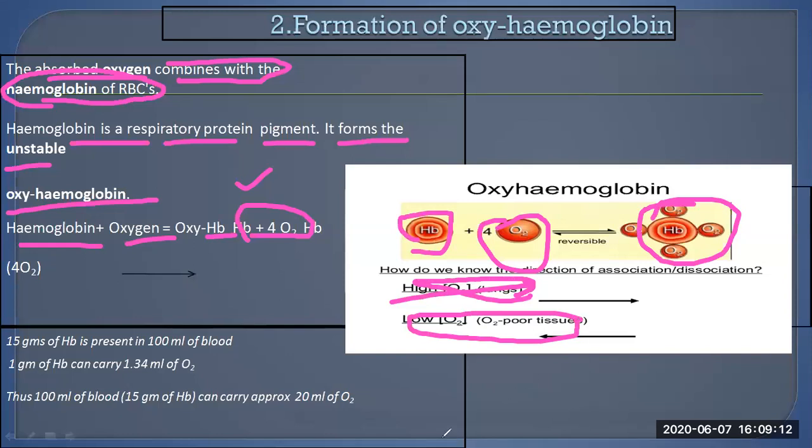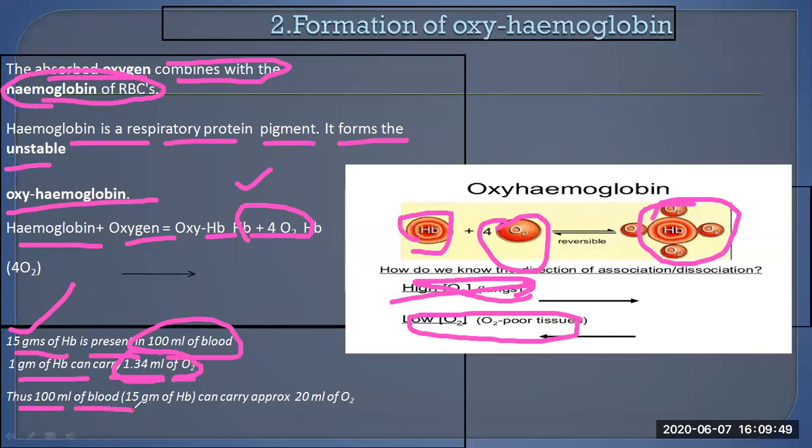Now here you can say there is 15 gram of hemoglobin present in 100 ml of blood. We have already seen this in the case of anemia, or when you test your blood and get your results: 14 to 15 gram of hemoglobin in 100 ml is considered standard. 1 gram of hemoglobin carries 1.34 ml of oxygen.